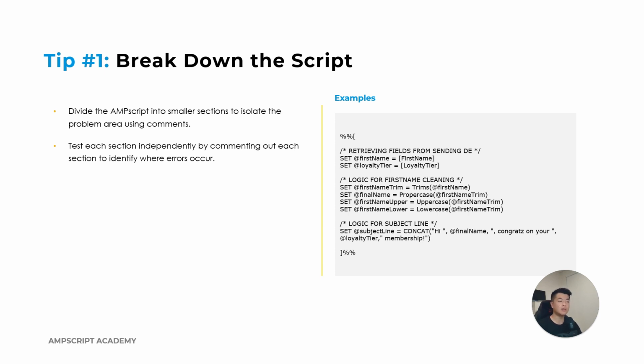That's the term we use, commented out. So you can comment out certain bits of your code to see if that was the issue. Because if your email is then able to preview and test, that means whatever you commented out has the issue.